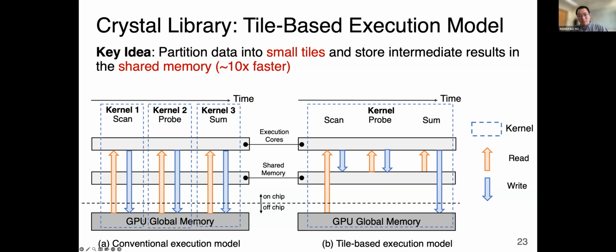Each time you process, you load the entire tile of data, then you do the scan, the probe, and the sum, all on the same tile. All of that happens in shared memory on the GPU chip. Then for the final result, you write it back to global memory. This way you can reduce a lot of global memory reads and writes, and that can immediately lead to a significant performance improvement.